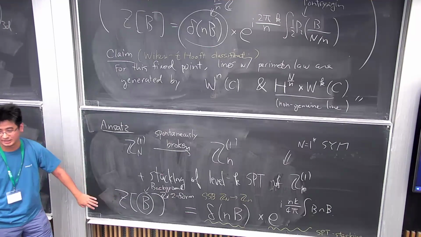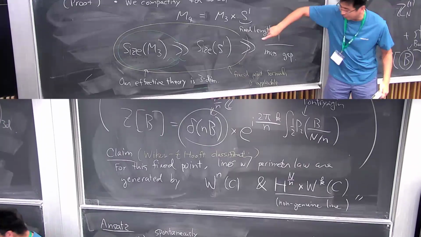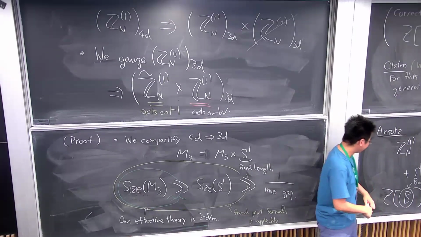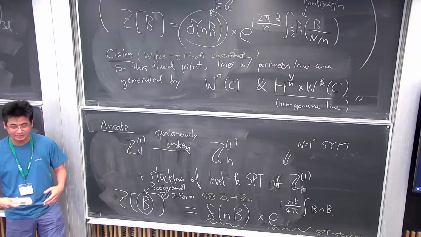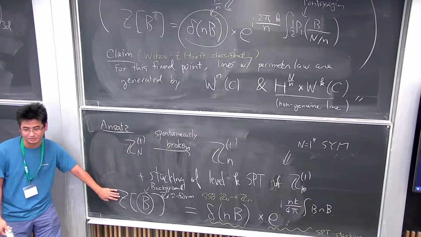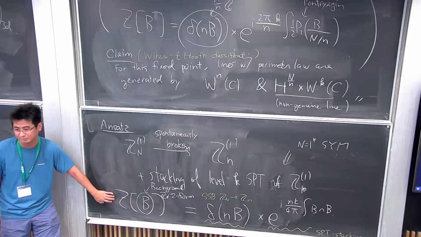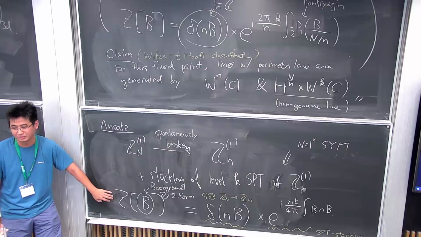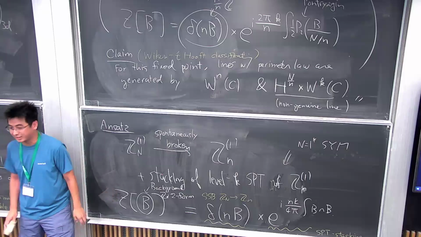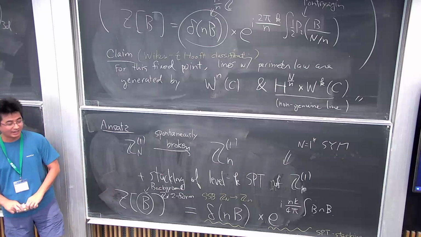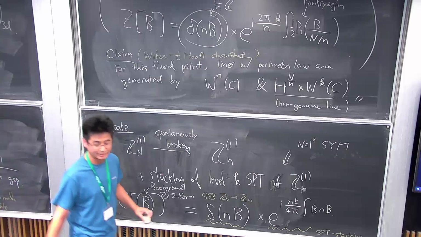So if they are comparable, there could be higher excited state contributions to this partition function, and it may give a phase transition, and the use of this RG fixed point formula may not be justified. But here, by introducing this scale separation, we are excluding that subtle possibility.